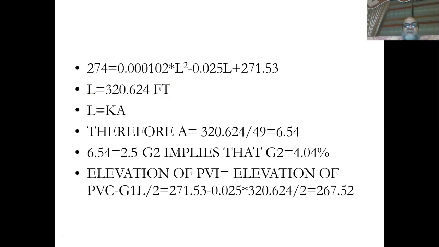Now, if you want to know the elevation of PVI, it's simply the elevation of PVC minus G1 times L by 2. Just plug in the values, and you will get the value of the elevation of PVI.